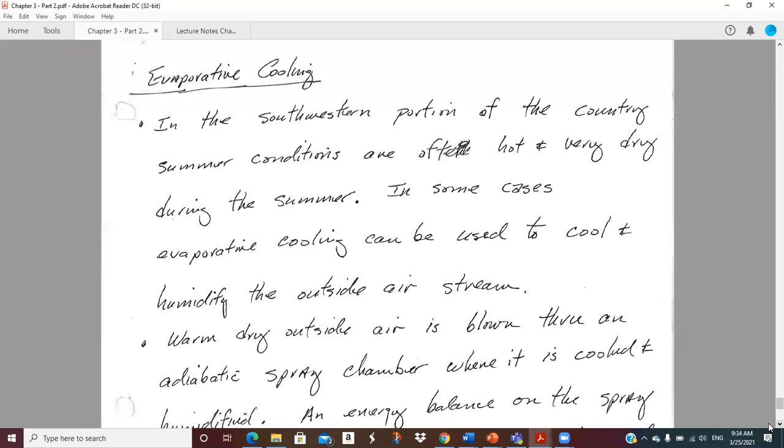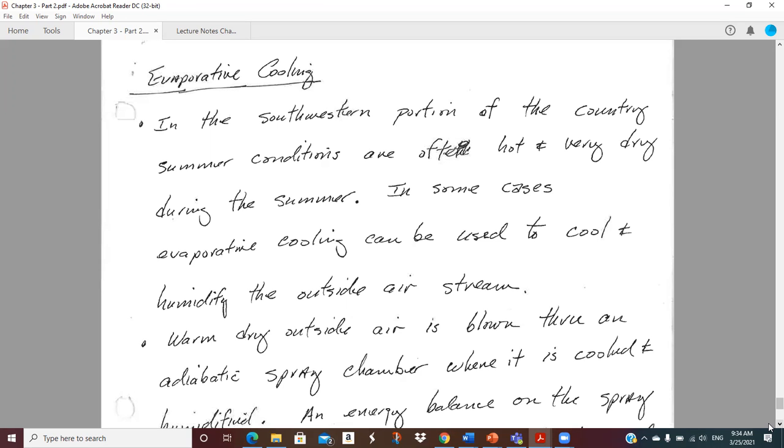But I have seen applications where people have put swamp coolers in kitchens just because they didn't want to pay for the equipment and they didn't want to pay the energy bill to run the actual air conditioning. But in the Southwest, a lot of houses are built without compressors and regular refrigeration, air conditioning type systems. And the only cooling they have would be a swamp cooler or an evaporative cooler.